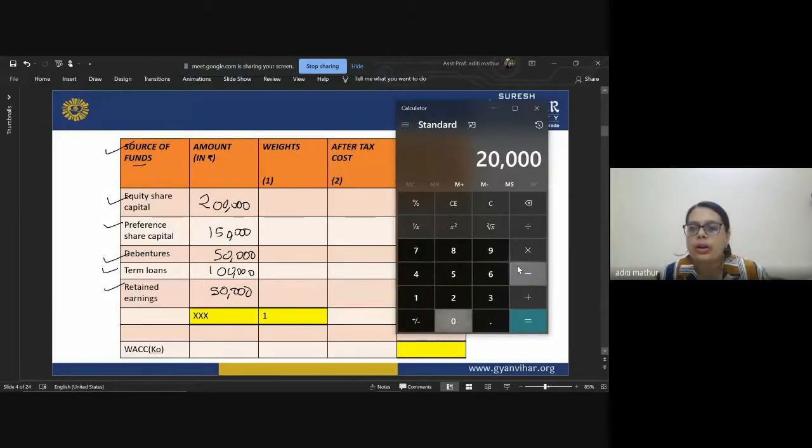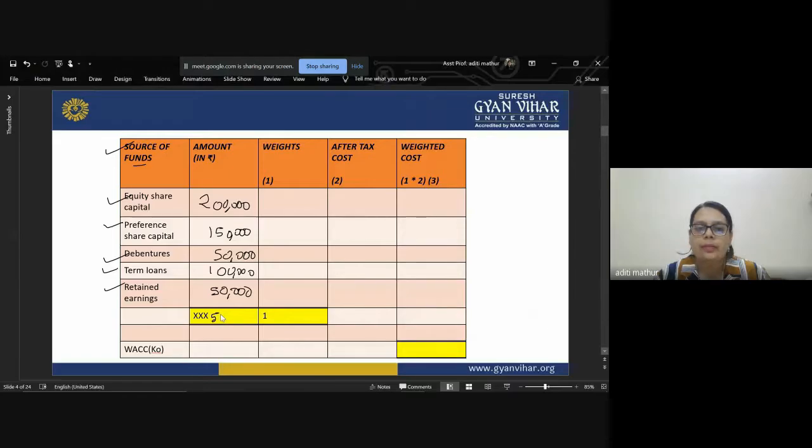That is your 2 lakh plus 1,50,000 plus 50,000 plus 1 lakh plus 50,000 again. So your final answer is the total capital is 5,50,000.